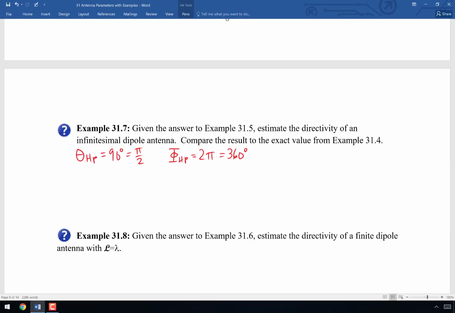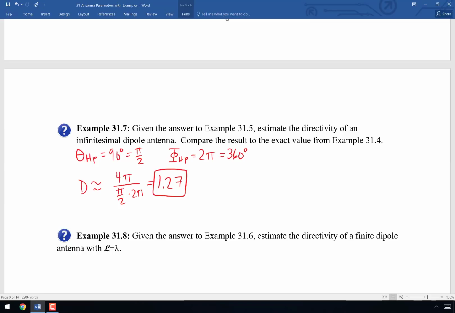If you're standing off in one direction of the finite dipole or in another direction, it doesn't matter, as long as you're not toward the ends. And so we can say that the directivity is approximately equal to 4 pi divided by pi over 2 times 2 pi. And if you work that out, you get 1.27.